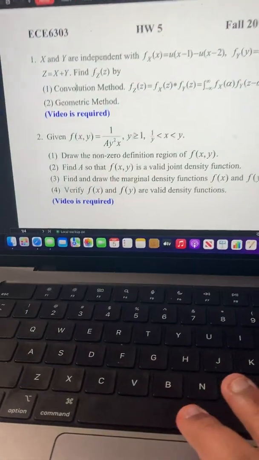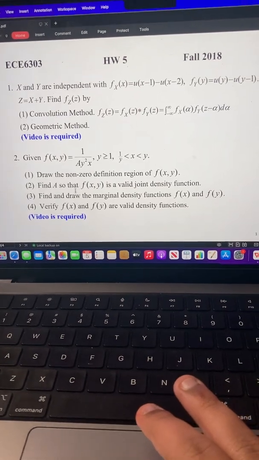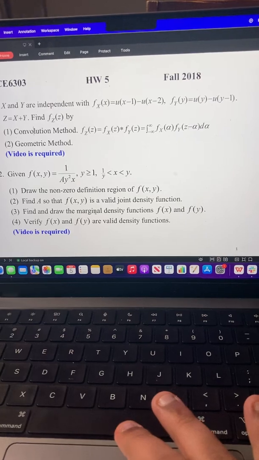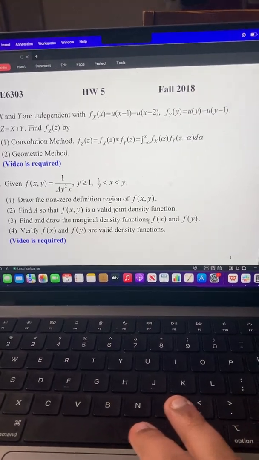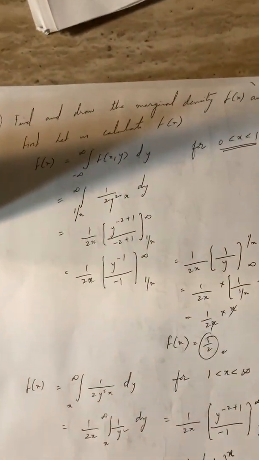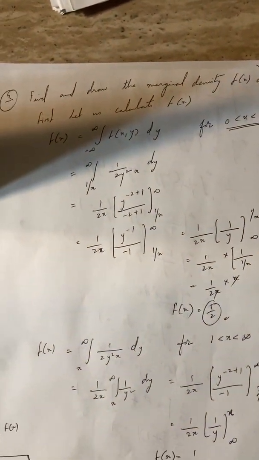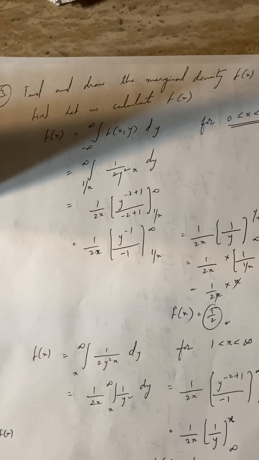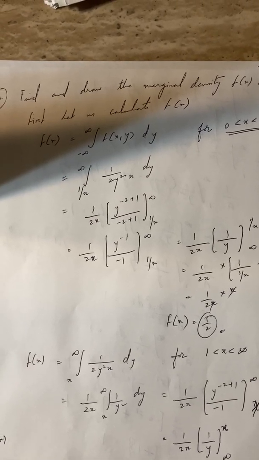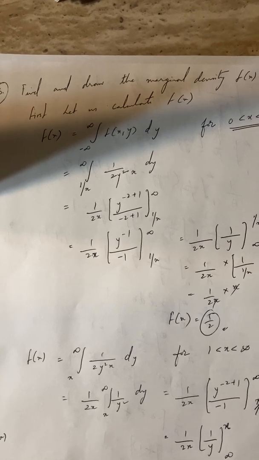Let us look at part 3. In part 3, we are told to calculate the marginal density functions f of x and f of y. For the marginal density function, we know that the marginal density function of x can be written as the integral from minus infinity to infinity of the joint density function f(x,y) dy.